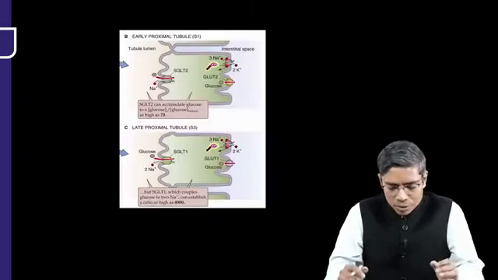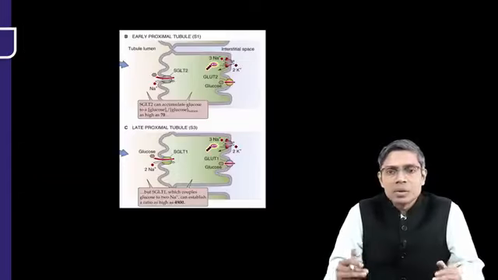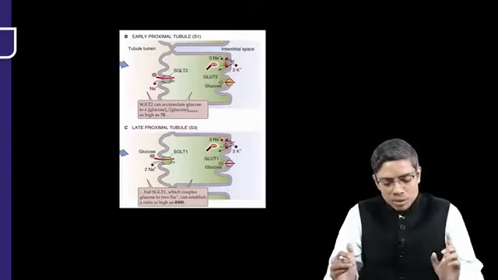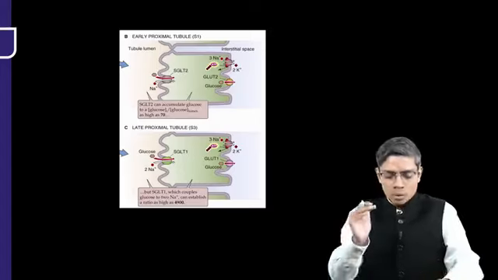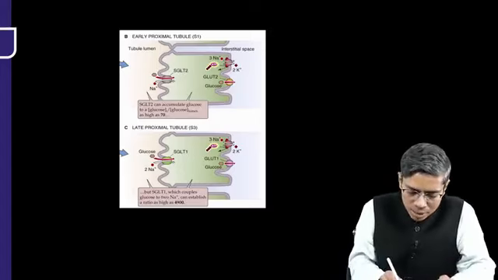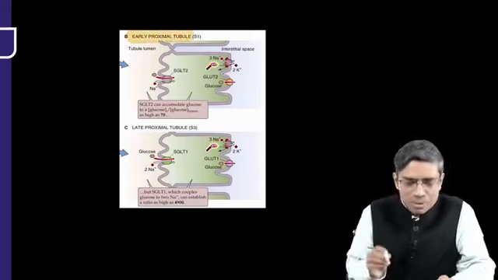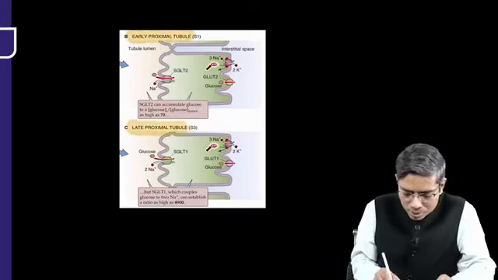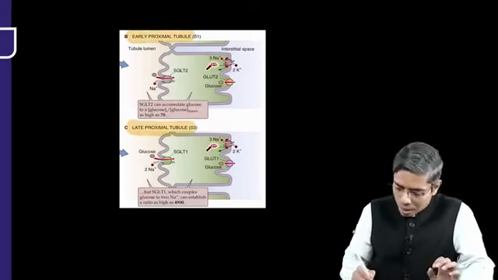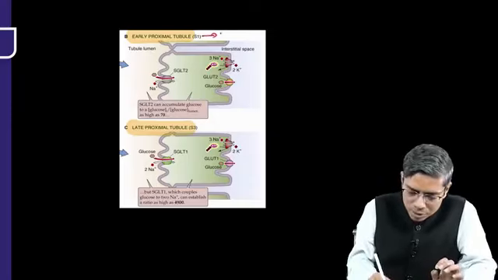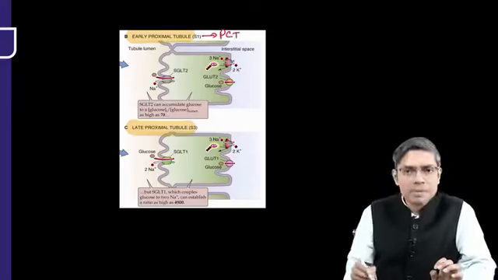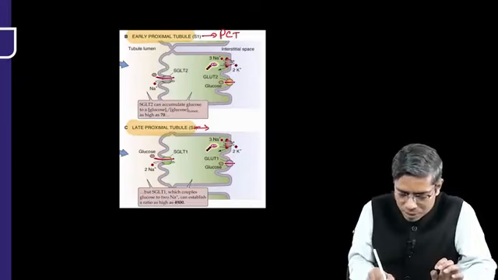Okay. Next is, we have just discussed that glucose reabsorption occurs with the help of SGLT. Now we have to remember one important thing. Glucose reabsorption occurs in the early part of the proximal tubule and also the late part of the proximal tubule. The early part of the proximal tubule is known as the proximal convoluted tubule, and the late part of the proximal tubule is known as the proximal straight tubule.